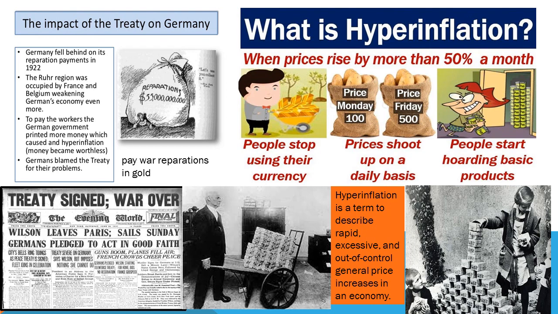Eventually, the Americans intervened and bailed Germany out of the crisis by introducing the Dawes Plan, which reworked the terms of reparation to ease the financial burden on Germans.